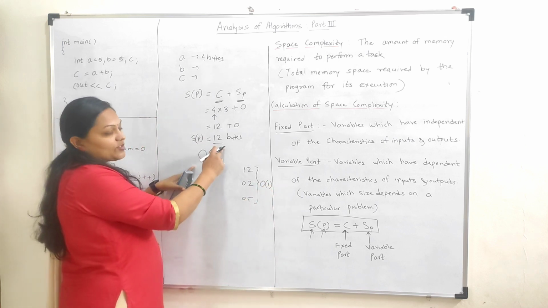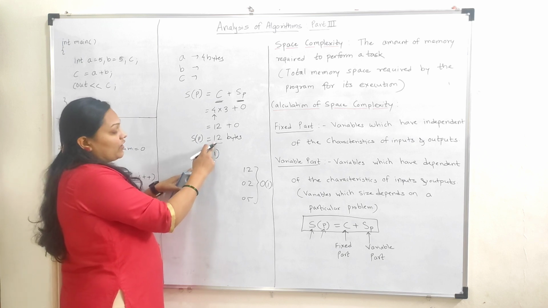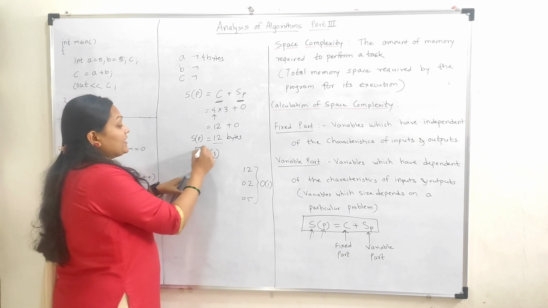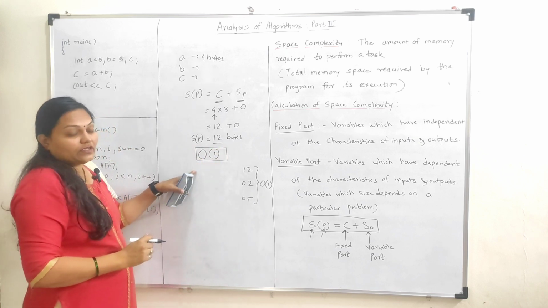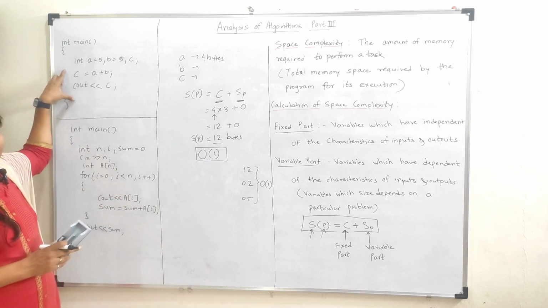Same way in the space complexity, if the space SP is a constant value, then in that case we can represent it as big O of 1. So this is the constant space complexity for this example.